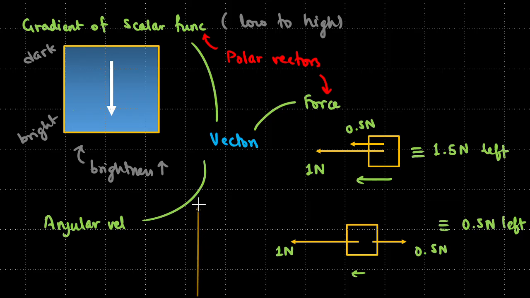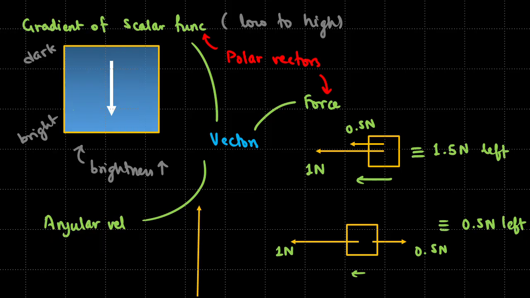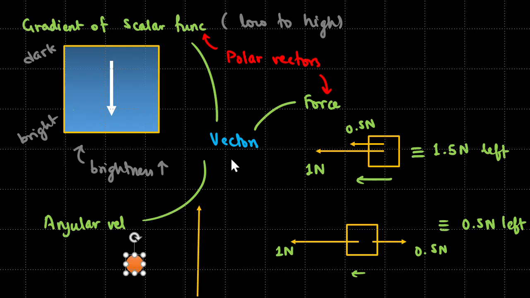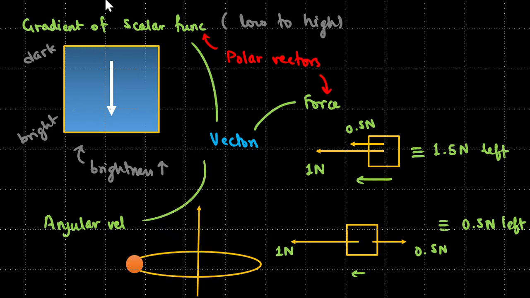So let's take a ball that is rotating about an axis. Let's make it orange. And suppose it's circling this axis right like this. So it's rotating about this axis.